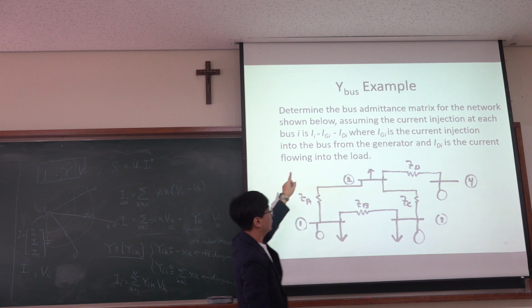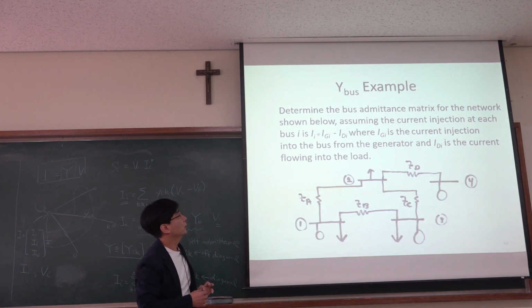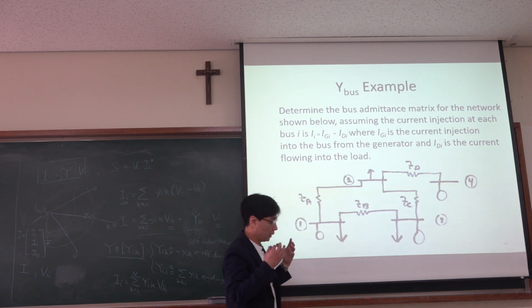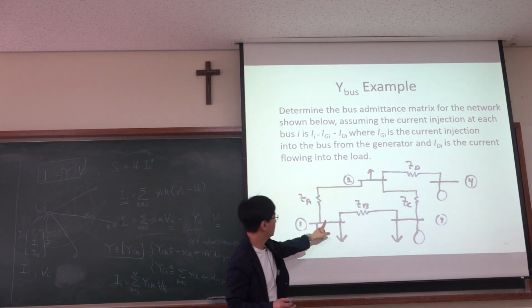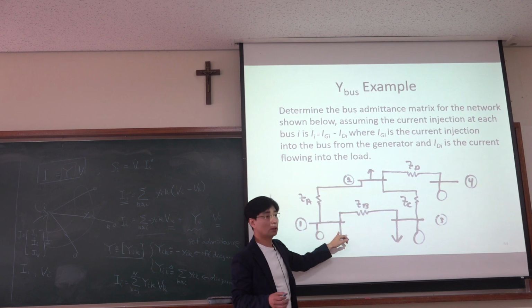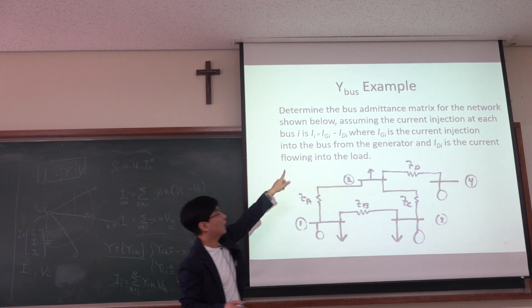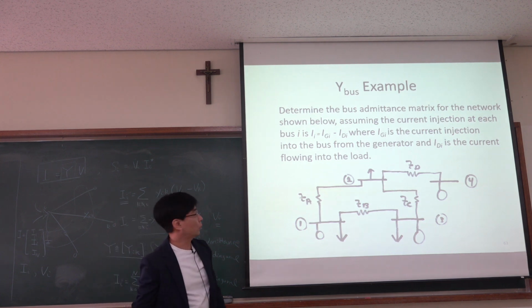And the current injection denoted by I sub I is the current injection from the generator IGI. So for this node, we have generator and load. So it injects current, but this load draws current. So IGI minus IDI is the net current injection into the network.